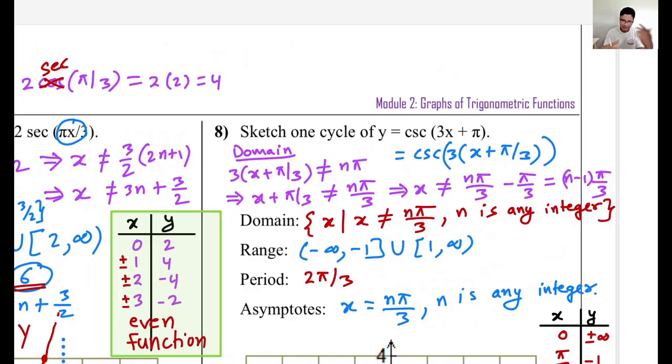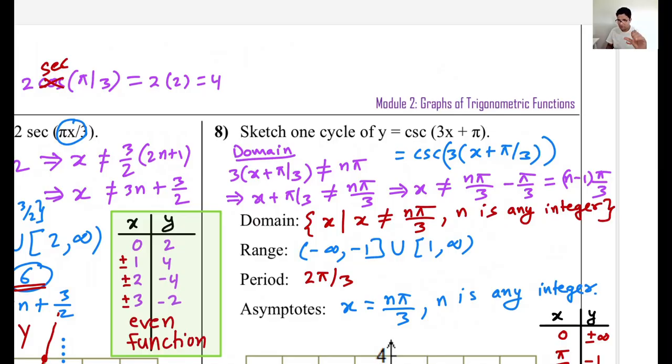But like my previous discussion, that basically means n pi over 3. So any multiple of pi over 3 cannot be in the domain. That means that is where you will have your asymptotes as well.